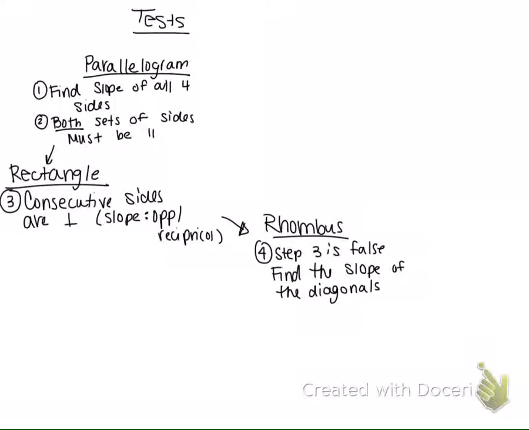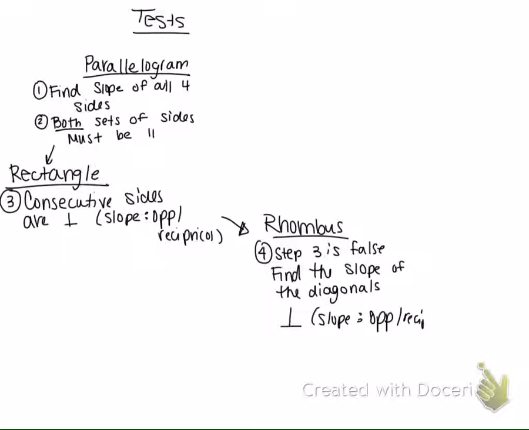What do we want our diagonals to be if it's a rhombus? What do you guys know about the diagonals of a rhombus? Yeah, we need to check if they are perpendicular, so their slopes are opposite reciprocals. So that's what we'll be doing today.